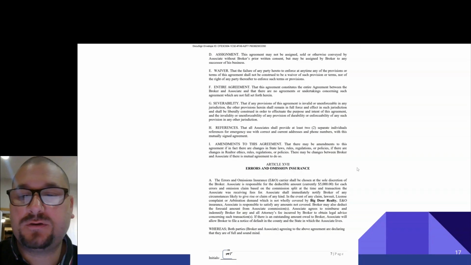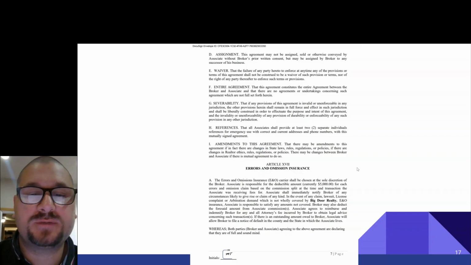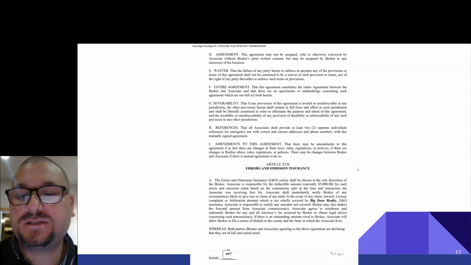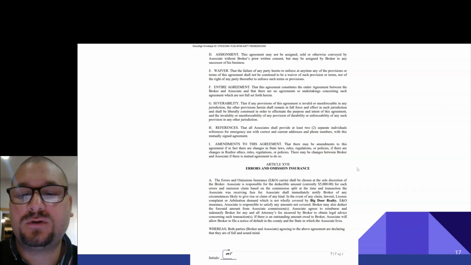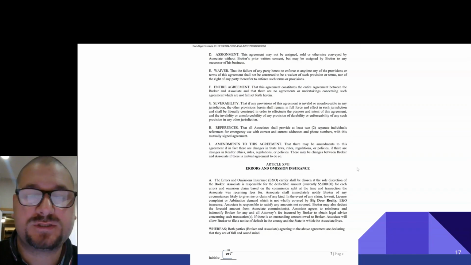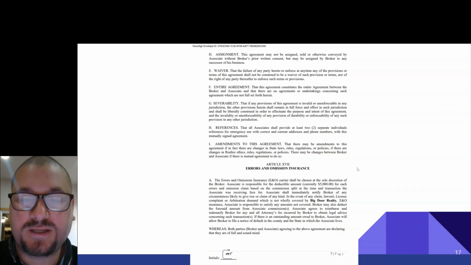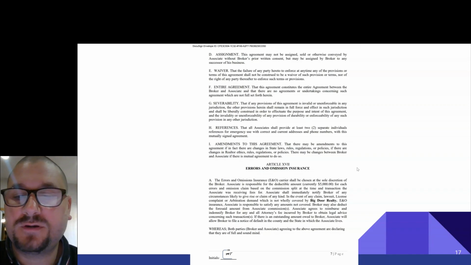Associate shall immediately notify broker of any circumstances likely to give rise to a claim of any kind. In the event of any claim, lawsuit, license complaint, or arbitration demand which is not wholly covered by Big Door Realty's E&O insurance, associate is responsible to satisfy any amount not covered.